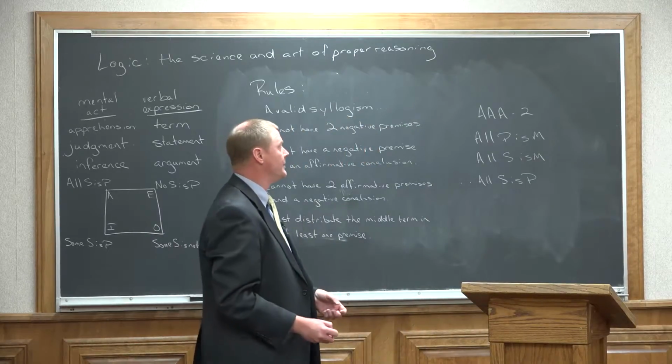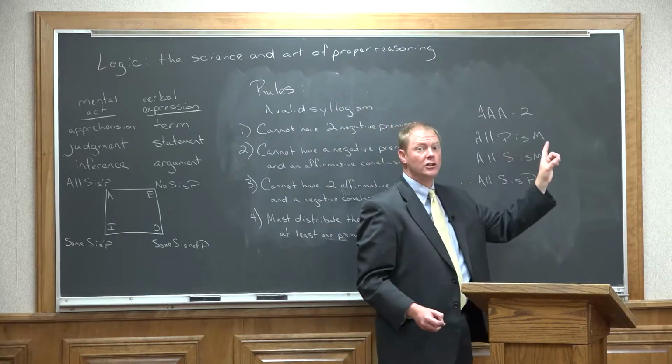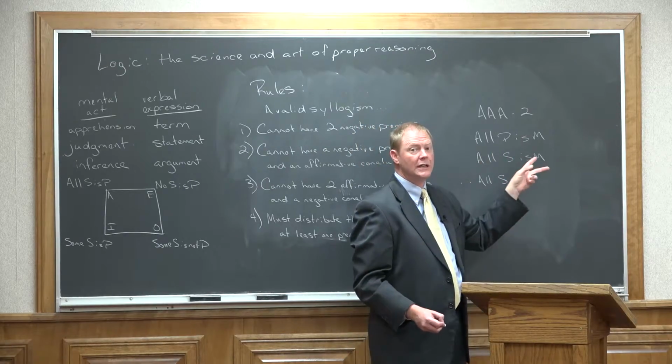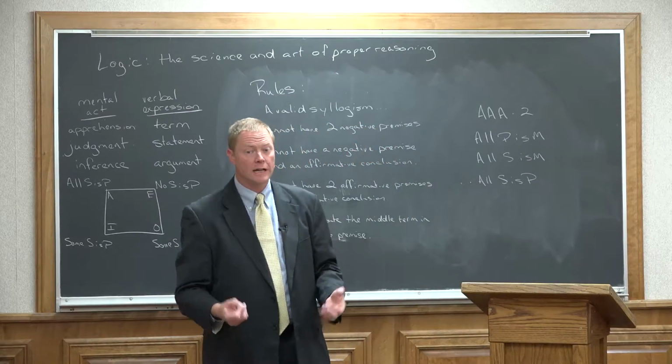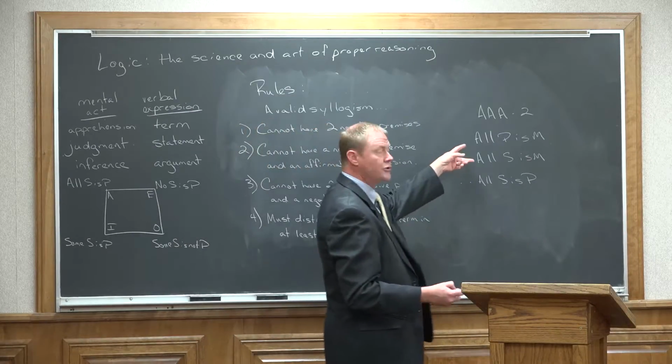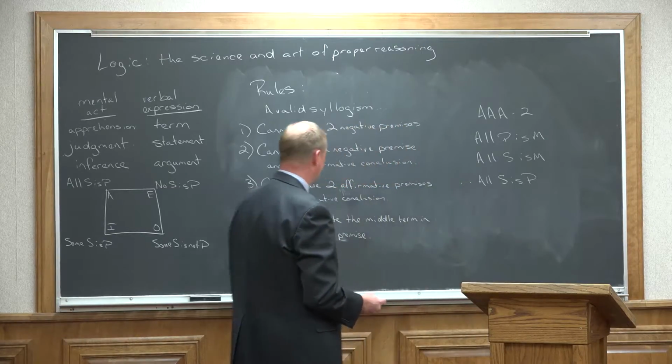And I'll explain why in a minute. But the reason is because you have to say something about all of M. Otherwise, these are two independent statements. They're not related to each other at all. And if they're not connected to each other, then you can't make a conclusion from them.